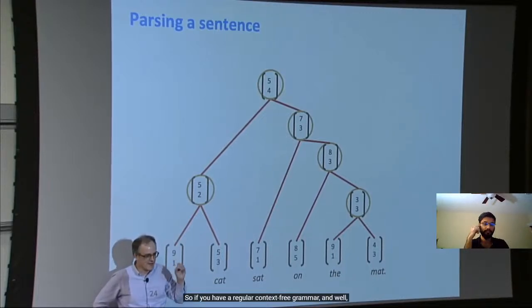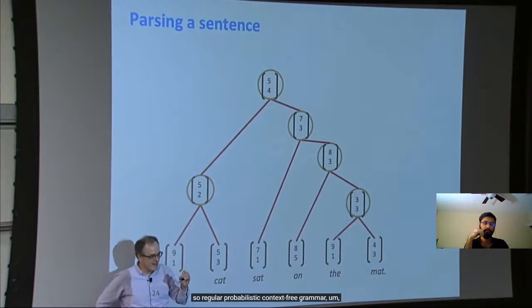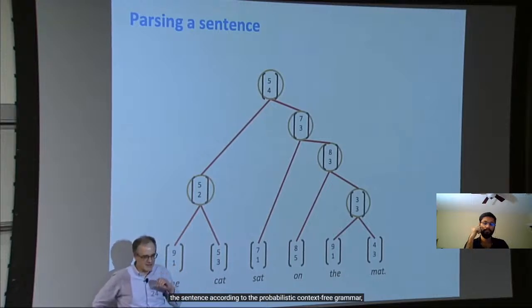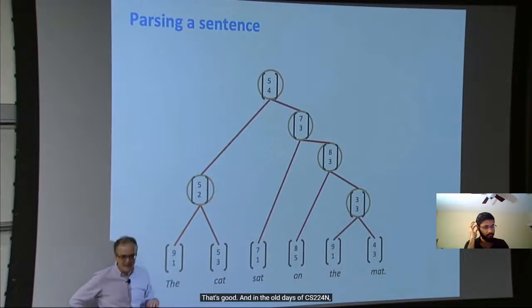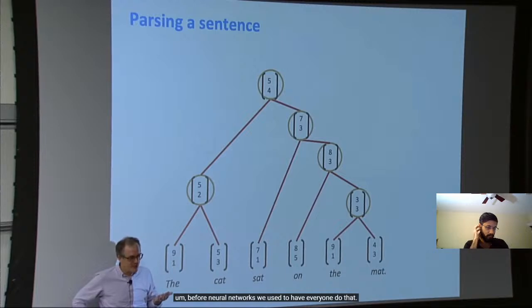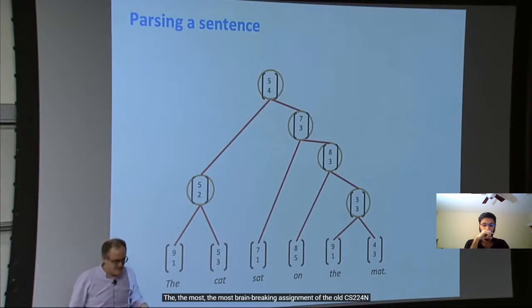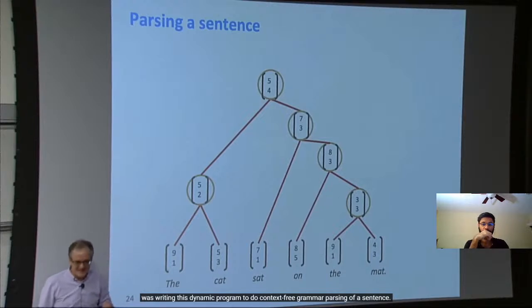So if you have a regular probabilistic context-free grammar, and you want to know what is the best parse of the sentence according to it, you can write a cubic time dynamic programming algorithm and you can find it. That's good. And in the old days of CS224N, before neural networks, we used to have everyone do that. The most brain-breaking assignment of the old CS224N was writing this dynamic program to do context-free grammar parsing of a sentence.